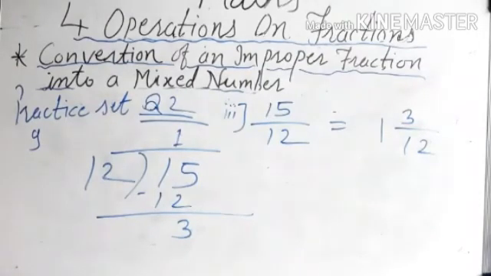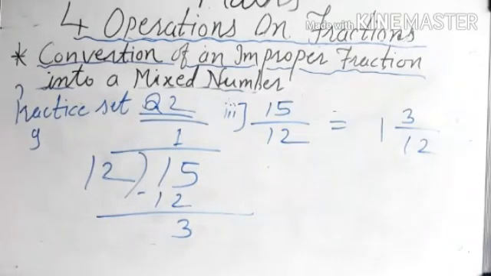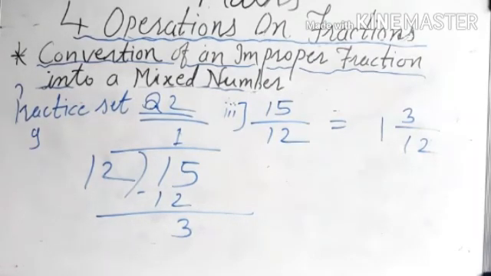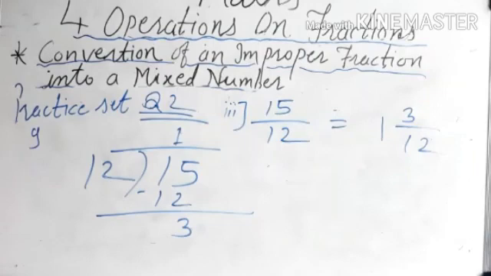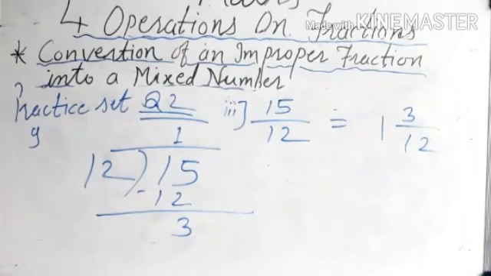Okay. Then, 3 examples I have solved for you. The next 3 examples you have to solve. Practice set 9, question number 2. We have solved the first 3 examples, showing how to convert an improper fraction into a mixed number. The remaining 3, examples number 4, 5 and 6, you will solve. Okay.